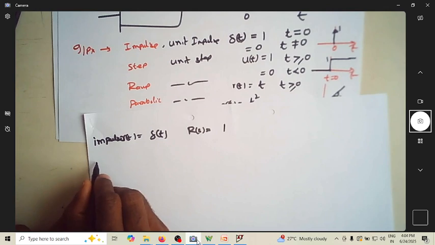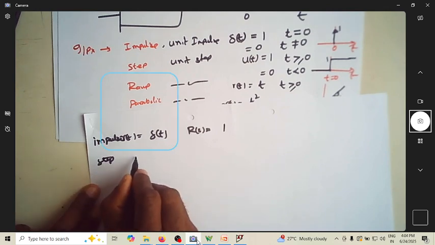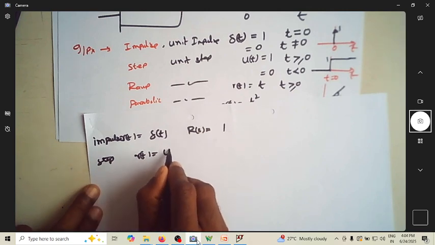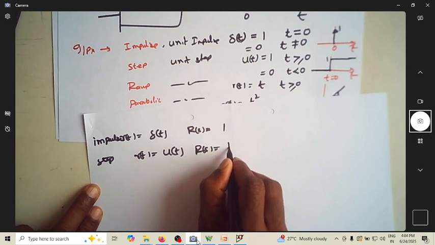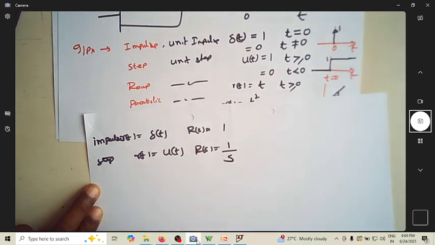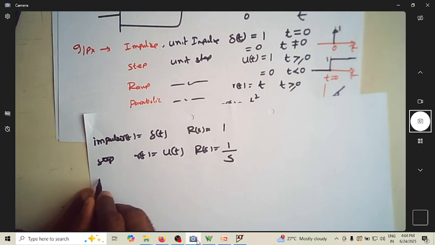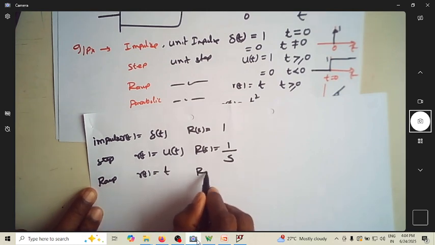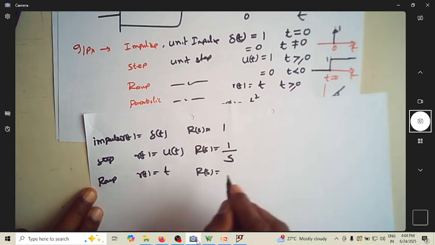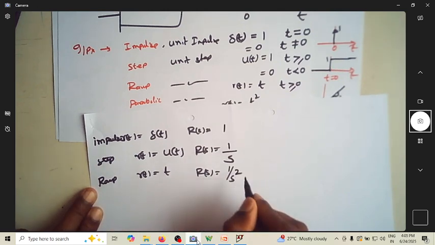Let us take a step input, r(t) equal to u(t). Its R(s) is 1 over s. Let us take a ramp input, r(t) equal to t, then R(s), which is the Laplace of this, is 1 over s square.